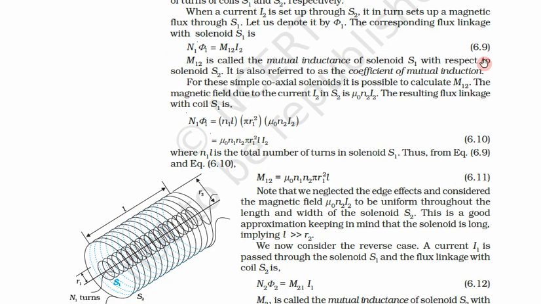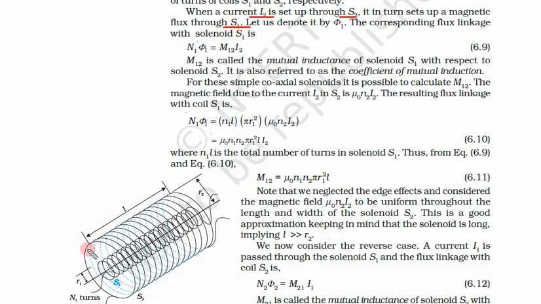Now what are we doing in this case? In the first case we are passing the current I2 in solenoid S2. The inner coil does not have any current; in the outer coil we are passing the current I2. It in turn sets up a magnetic flux through S1.